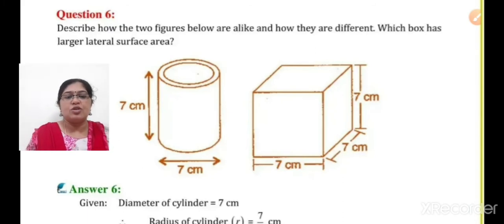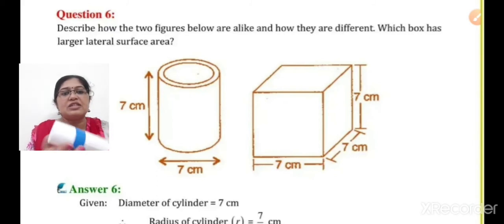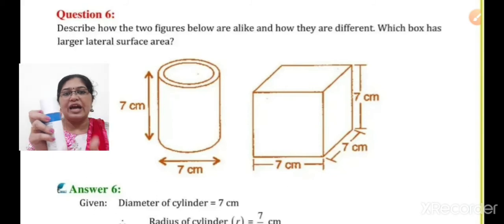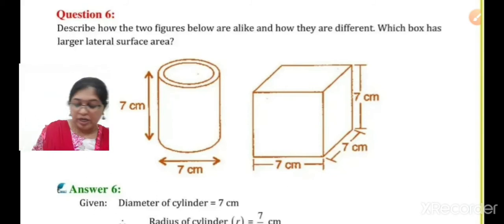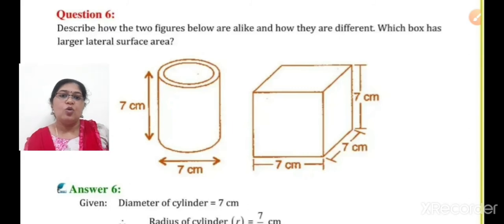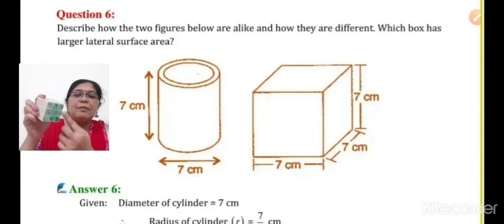So what is the circumference of the circle? The circumference of a circle is 2 pi r. 2 pi r into height gives the lateral surface area. For a cube, what is the perimeter?